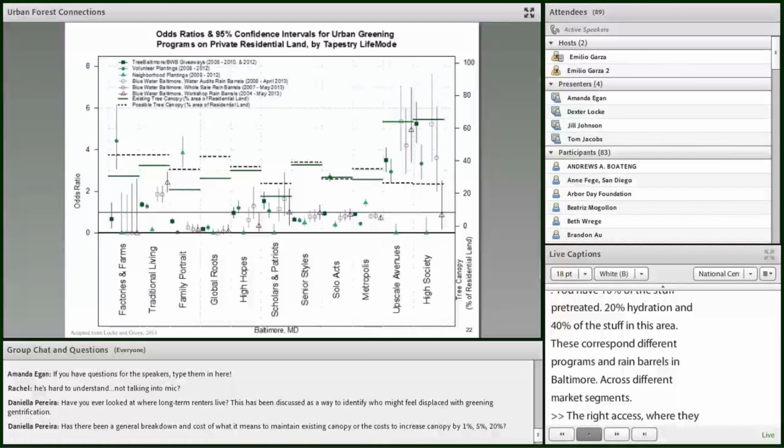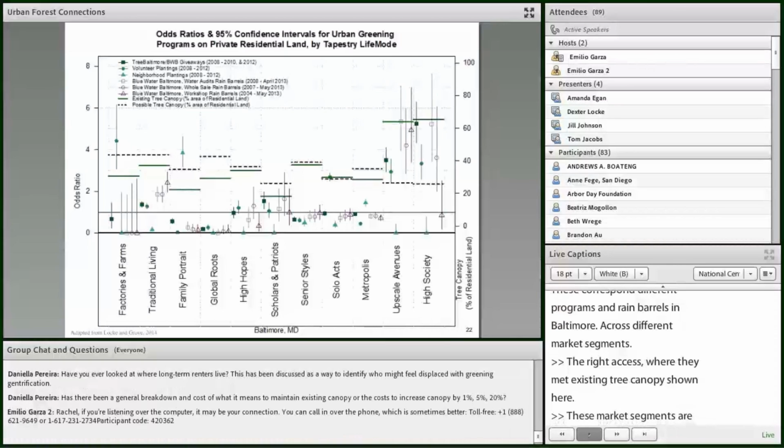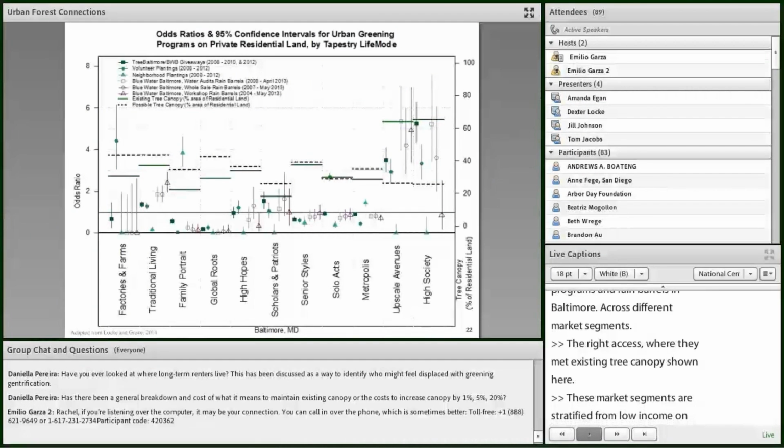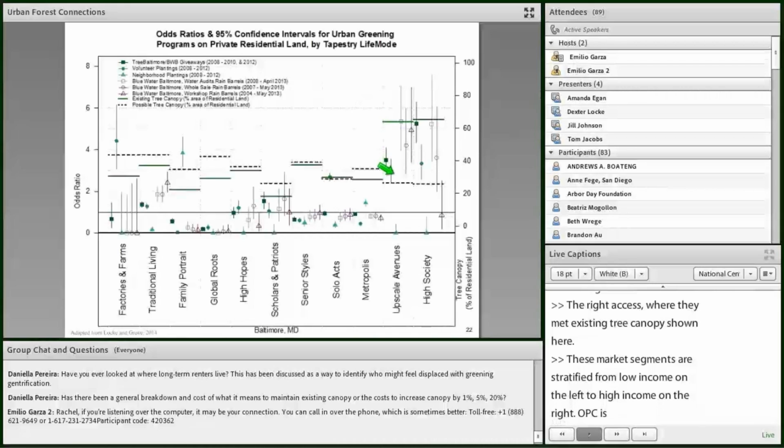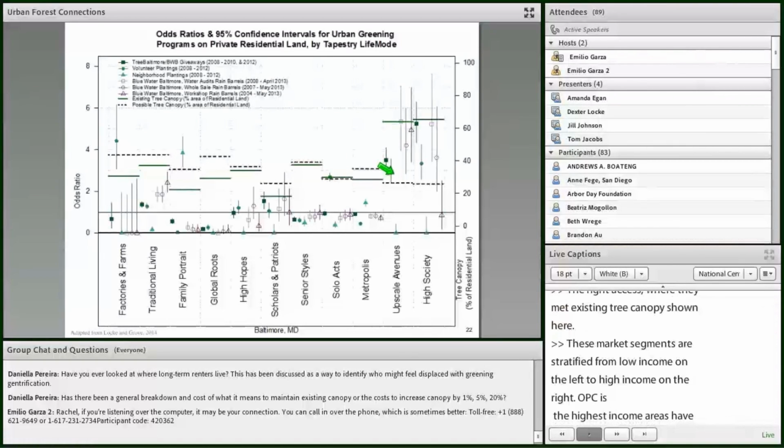So you see these market segments are arrayed from low income on the left to high income on the right. And what we see is that the highest income areas have the most tree canopy, shown here with the green horizontal line, and the least opportunities for additional tree canopy, shown in the black dotted lines.